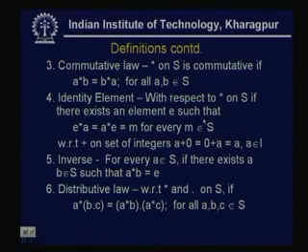Just now we have defined the identity element, it gives the result which is the identity element, then any one of these elements is the inverse of the other element.